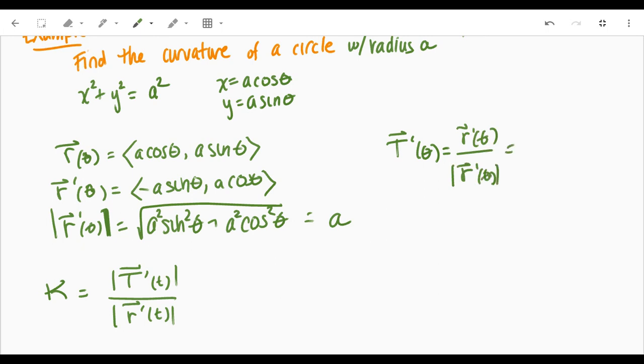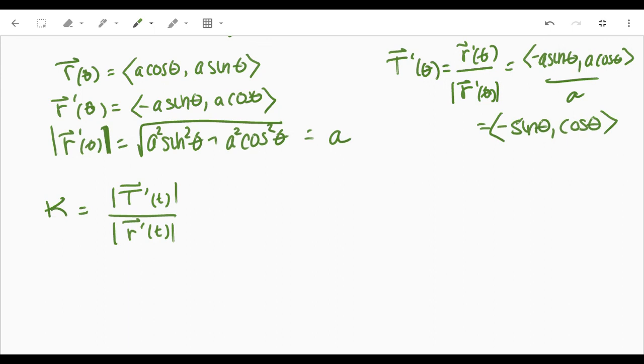So that's going to be <negative a sine theta, a cosine theta> over a, which is <negative sine theta, cosine theta>. Now we need the magnitude of T prime for our equation. So the magnitude of T prime of theta is going to be the square root of sine squared theta plus cosine squared theta, which is 1. Now we have everything we need here.